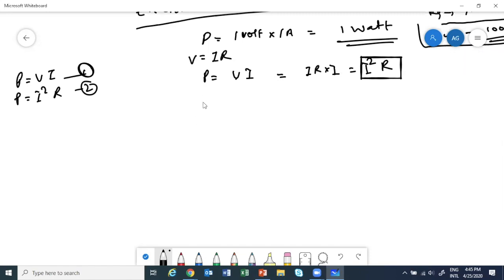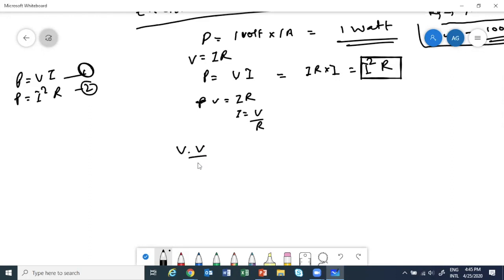If V is IR, so I is V by R. Can we put the value here in the I?